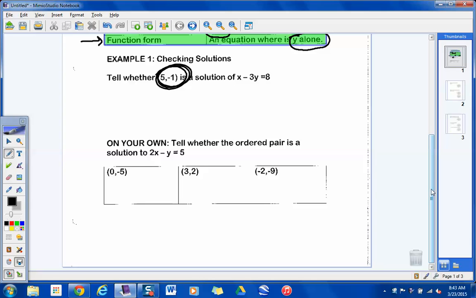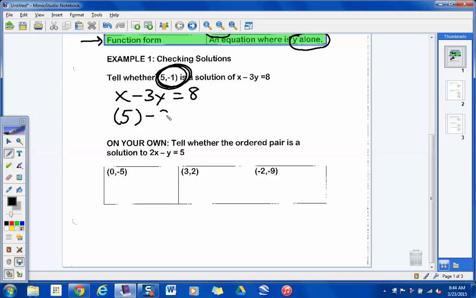So right here, I'm going to rewrite the equation. x - 3y = 8. What would take the place of x up there given this point? 5. So right here for x, I'm going to plug in a 5. Minus 3, and what's going to take the place of y? Negative 1.